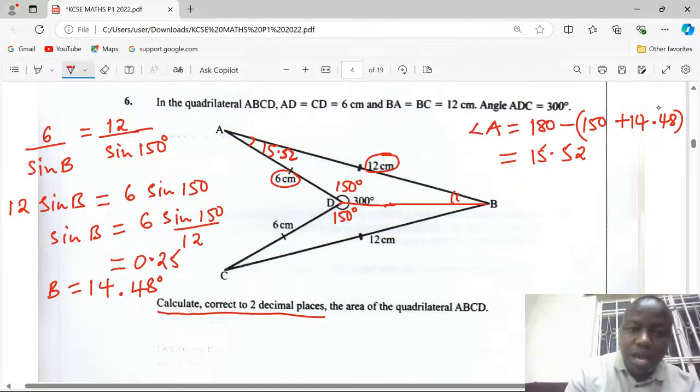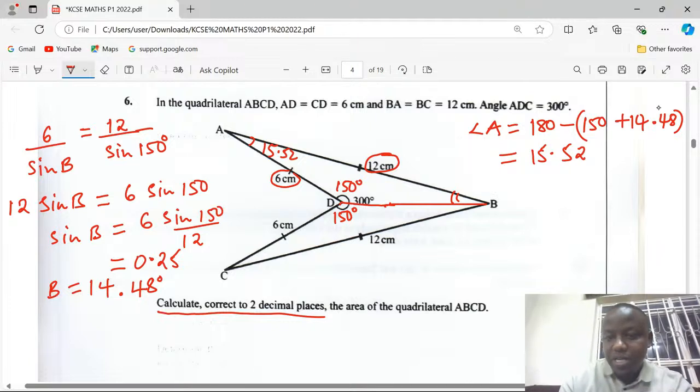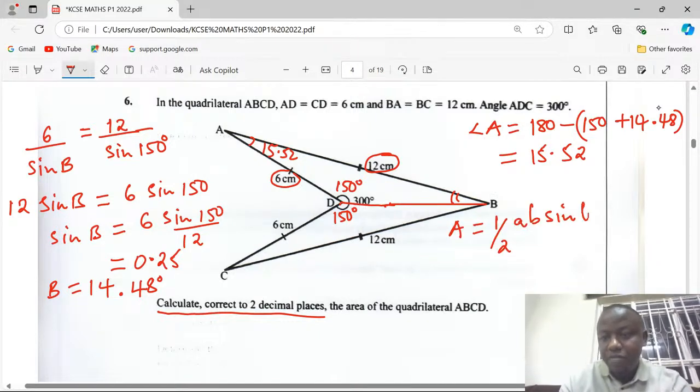Now we can use the formula of calculating area of a triangle, whereby the area of a triangle is given by half AB sine theta.